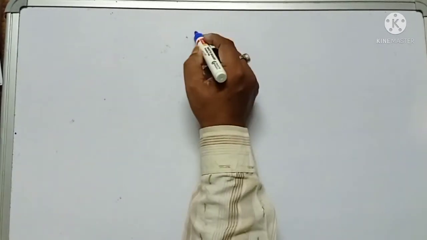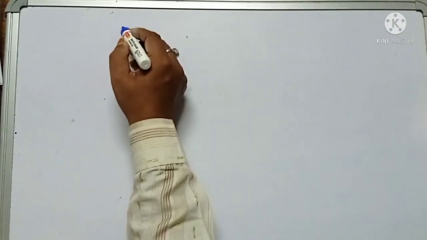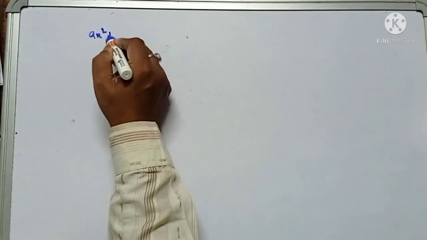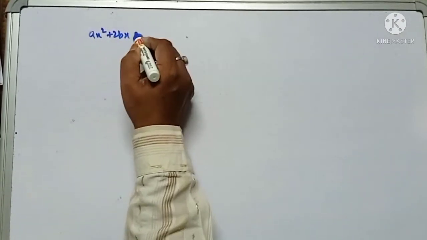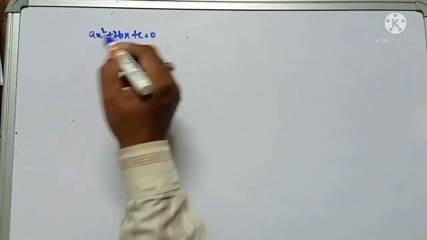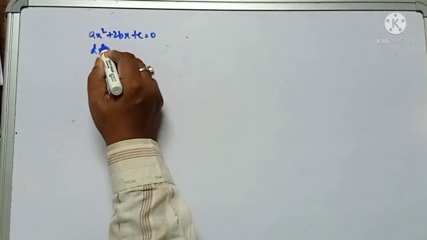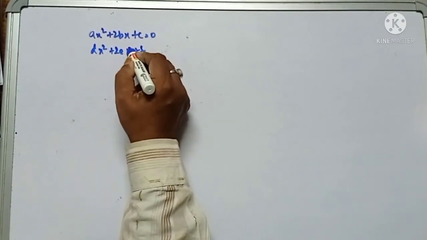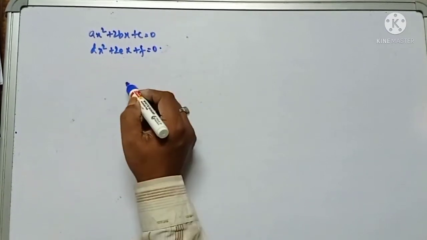Here the equations are given to you: Ax square plus 2bx plus c equal to 0, and dx square plus 2ex plus f is equal to 0.